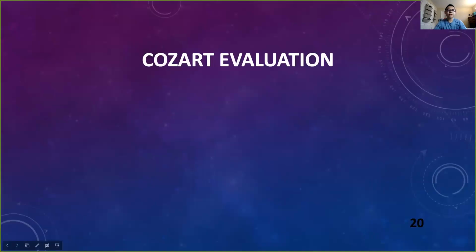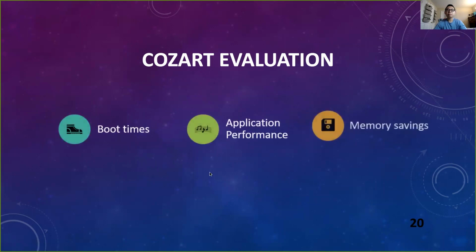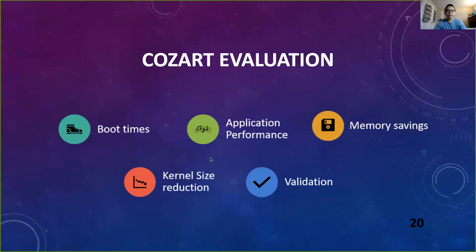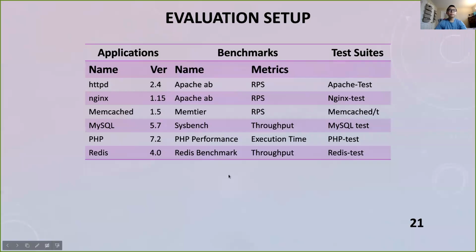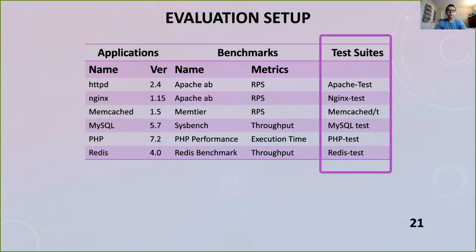So now let's take a look at the evaluation. We evaluated boot times, application performance, memory savings, and kernel size. We also validate whether the debloated kernel changes application execution. We use both benchmarks and test suites for 6 popular applications.